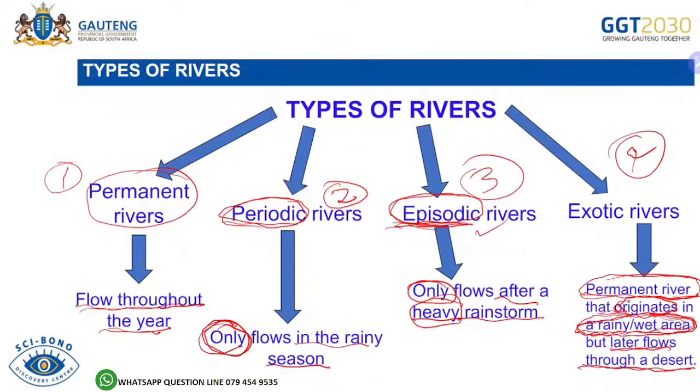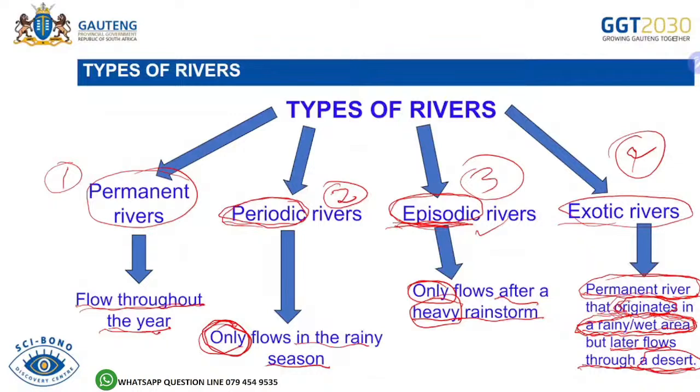So they flow from high rainfall areas into areas that are having limited or no rainfall. So we refer to them as exotic rivers. So we shouldn't confuse it with this one. Here the difference is brought in by the fact that its origin is from a high rainfall area.